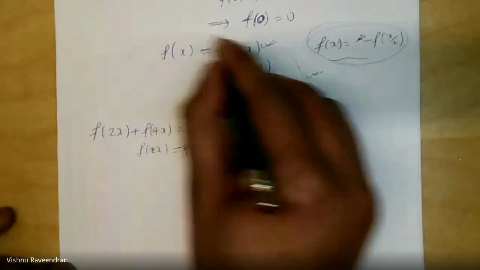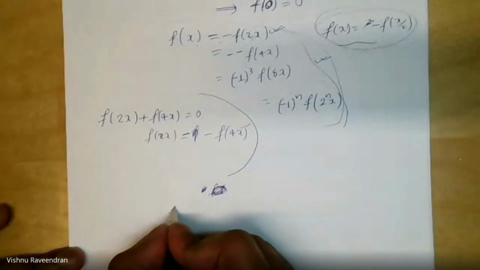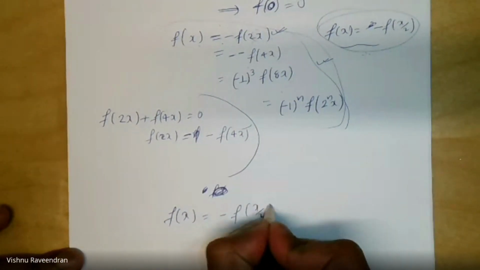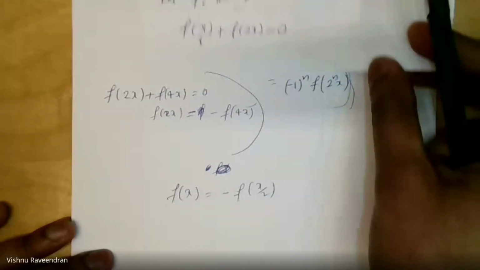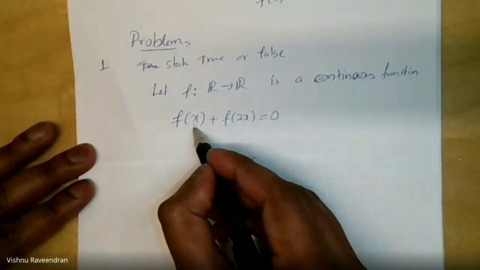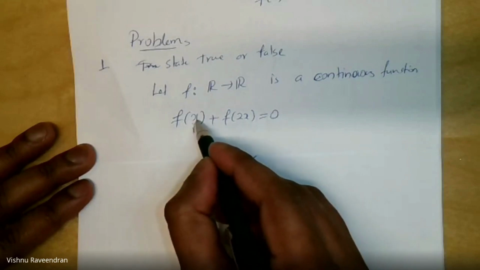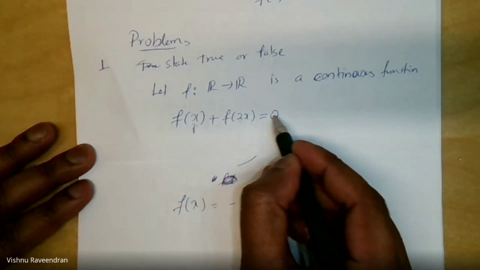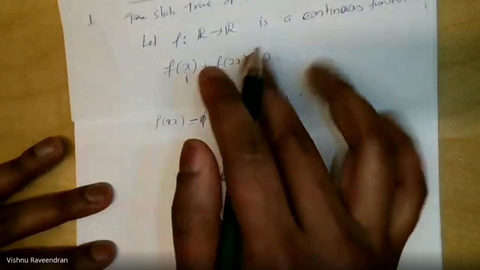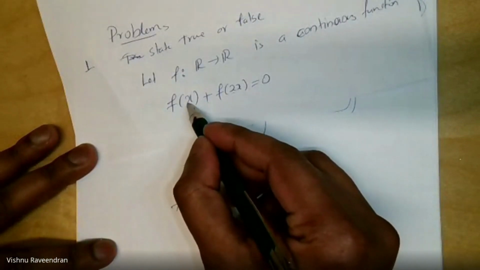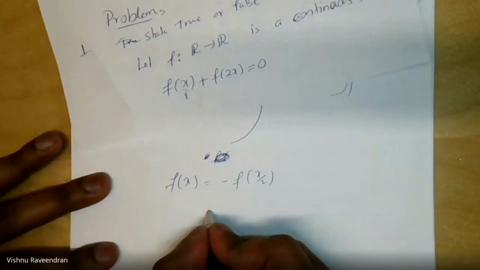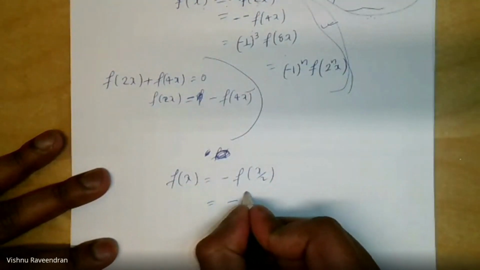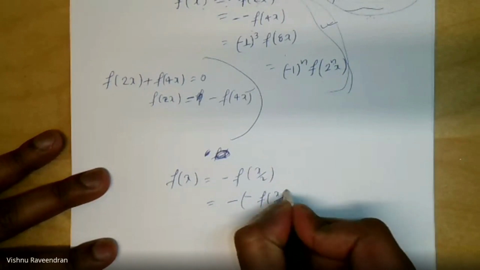Same idea. Similar to this, you get f of x equal to minus f of x by 2. Exactly what he said, because if I replace x by 2, I will get f of x by 2 plus f of x equal to 0, so f of x will be minus f of x by 2. Now I can replace x by 4 and get minus f of x by 4.